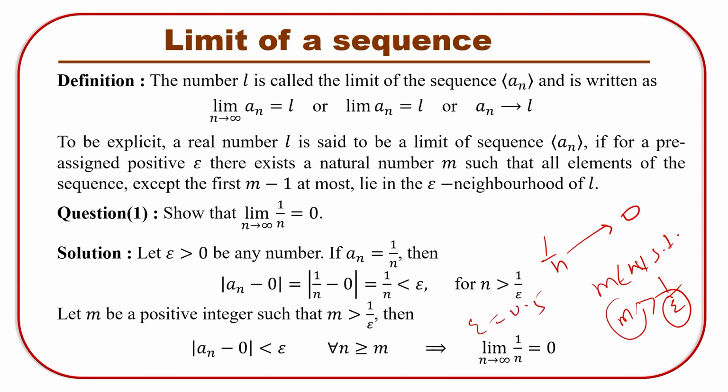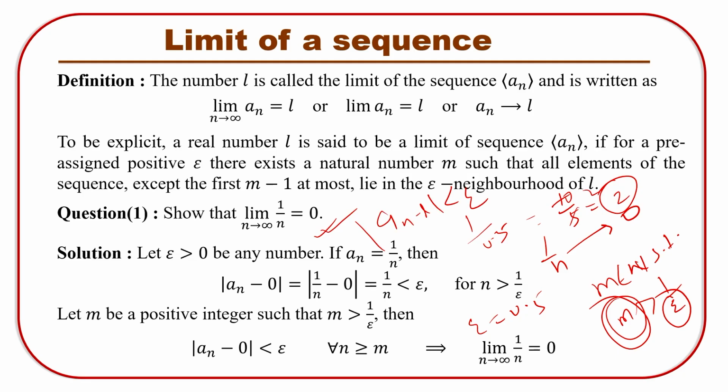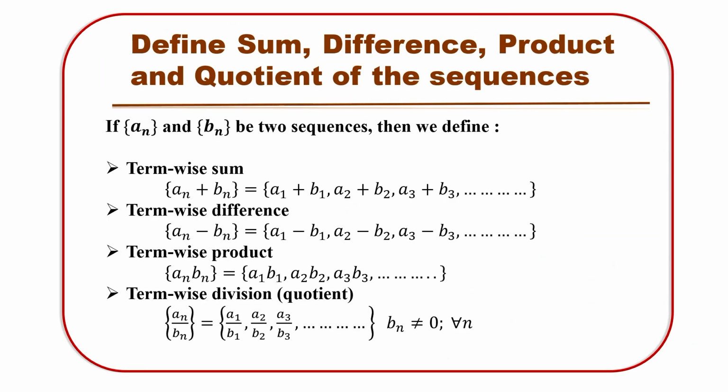I will find M equal to 1 divided by 0.5, which is equal to 10 divided by 5, which is equal to 2. So after the second term, each term satisfies |a_n - L| less than epsilon. That's why this is quite important.